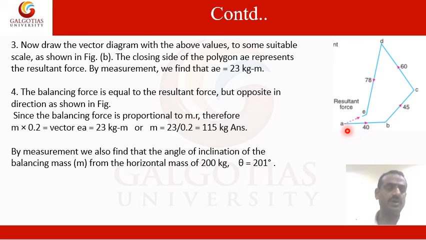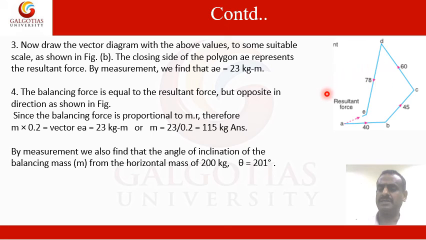So based on that, we draw the horizontal vector AB, and then BC is drawn based on the centrifugal force of the second mass and theta 2 value, and vector CD is drawn based on the centrifugal force of the third mass and theta 3 value, and vector DE is drawn based on the centrifugal force of the fourth mass and theta 4 value.